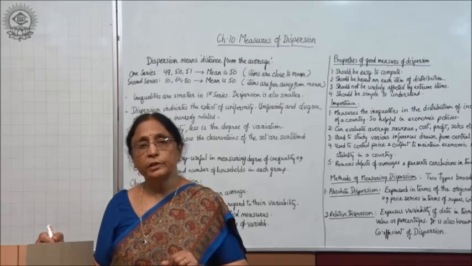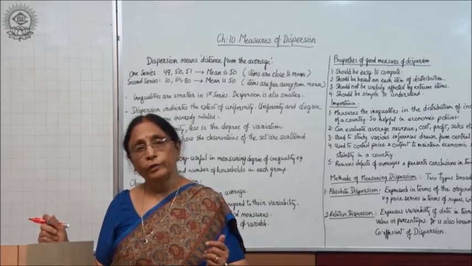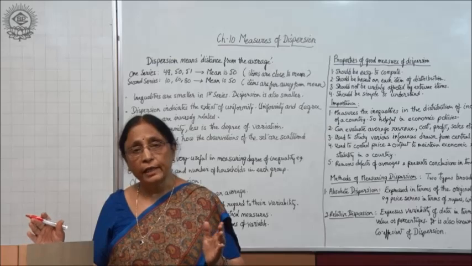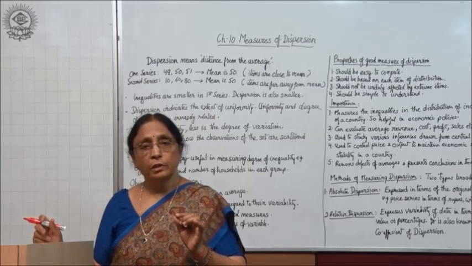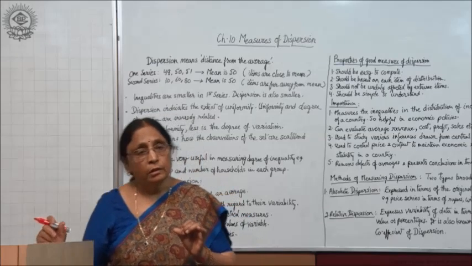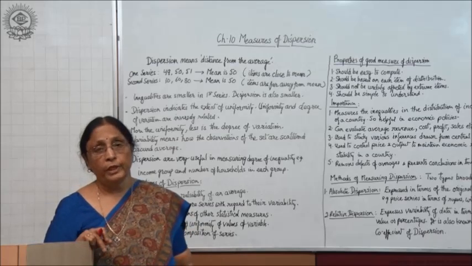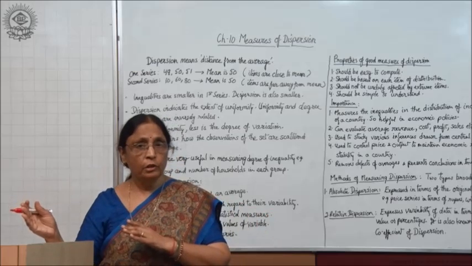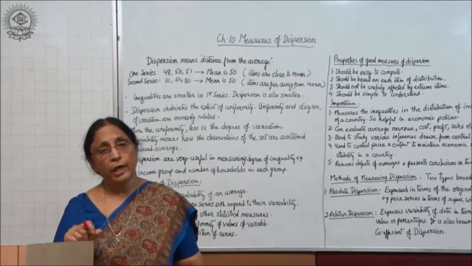So averages give you the central value basically, but that does not give you the correct picture of the variability of data, or how the data are scattered or spread, right. So central value gives the average, but the scatteredness or dispersion of the values, that means how the values are spreading from which figure to which figure, what is the trend of dispersion of value, that is not clear with the average.